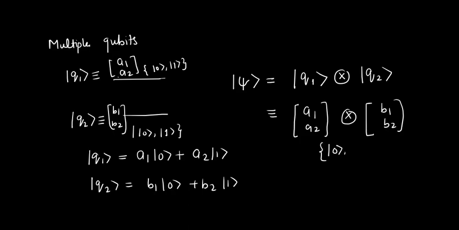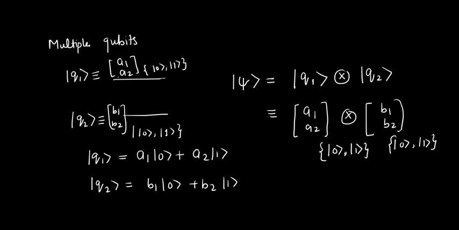This is how we represent it, because Q1 is A1 times ket 0 plus A2 times ket 1. These are trivial things which you know from your linear algebra course. This is our equivalent vector notation of the qubits Q1 and Q2.